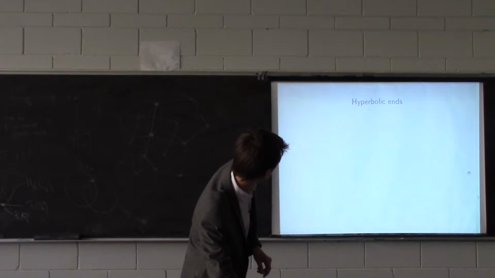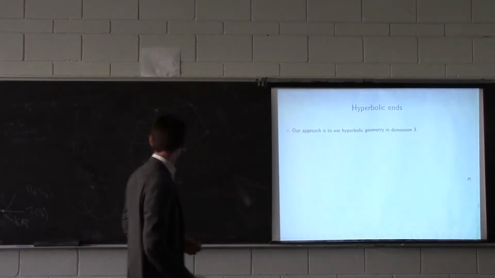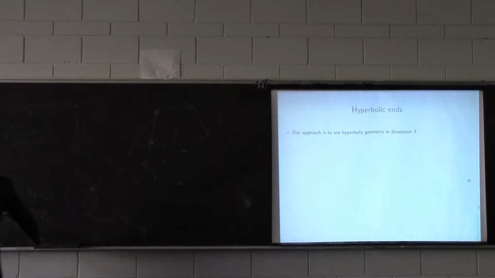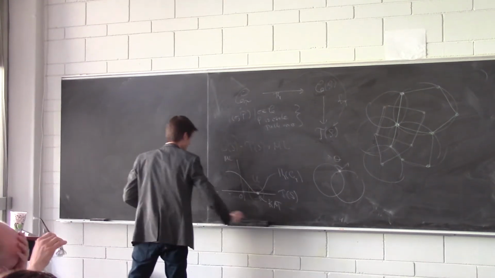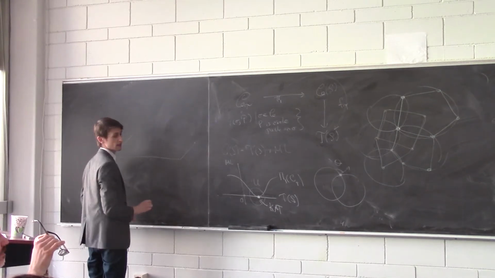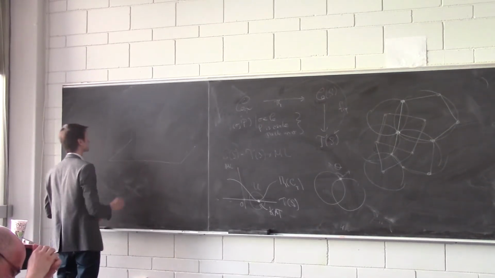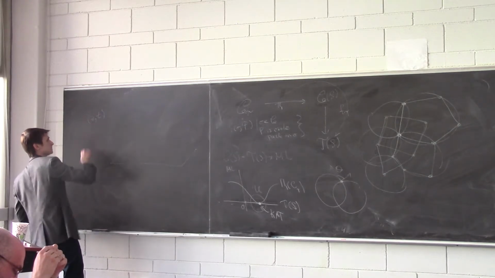So how do we do this? We work in hyperbolic 3 dimensions. Three-dimensional hyperbolic geometry looks a lot like other hyperbolic geometry. The way you look at it is really a complex number plus t.